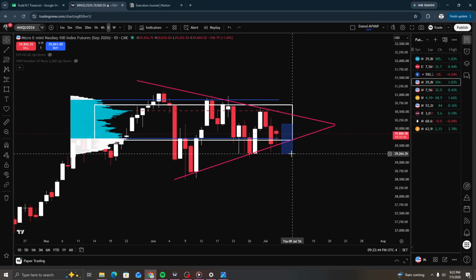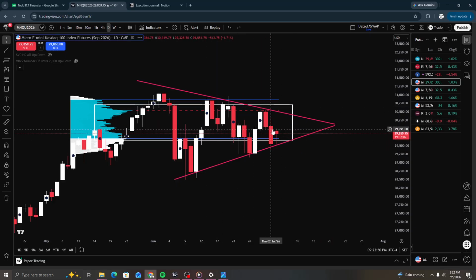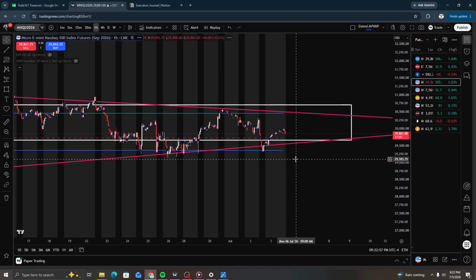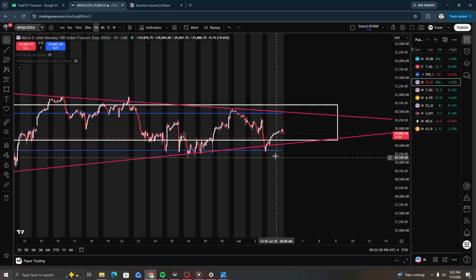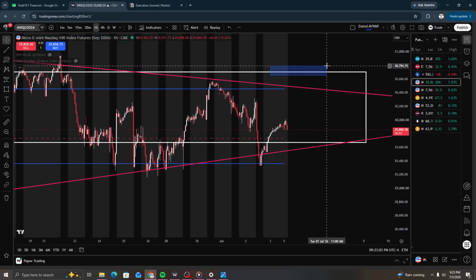Because this just looks like pop and fade territory to me. I mean, if we get smaller and smaller and smaller, that's why just looking at this from the bullish perspective, from coming from below value area low, coming up to value area high doesn't really intrigue me.